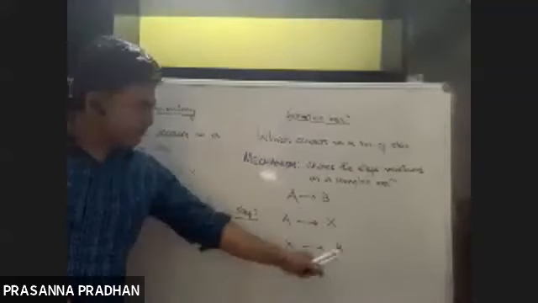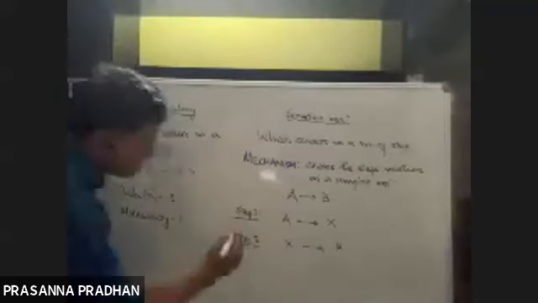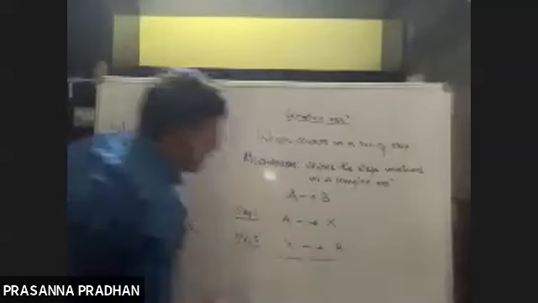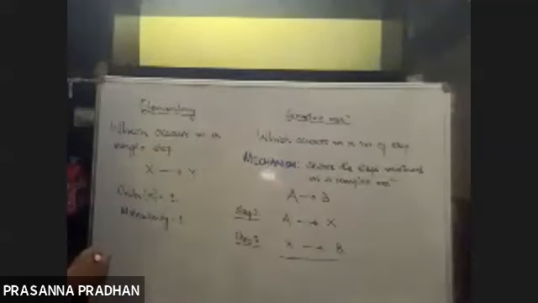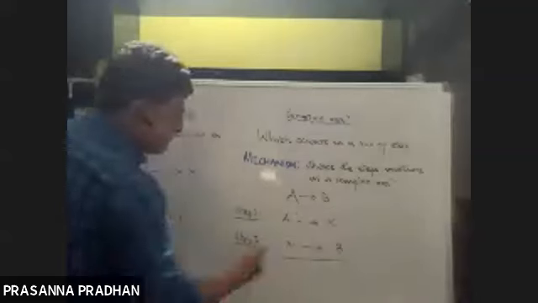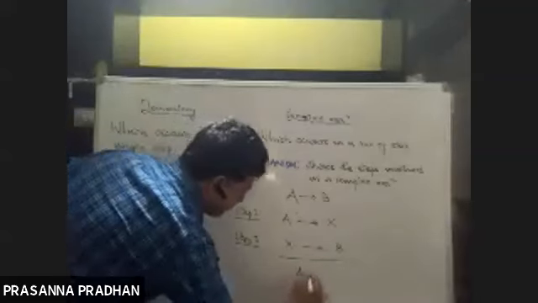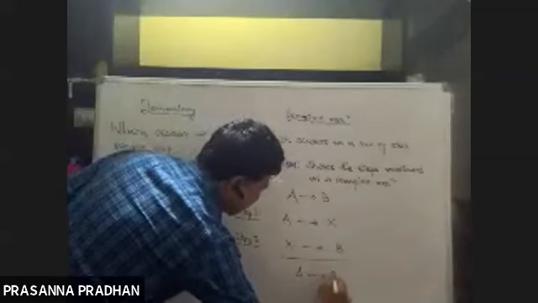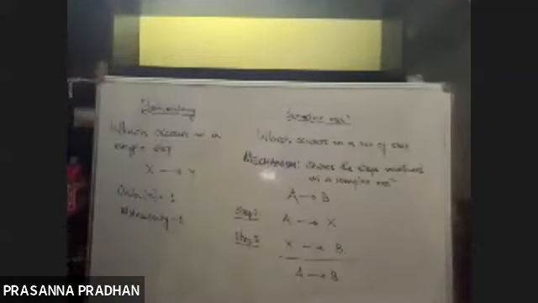A gives X and X gives ultimately the product B. Now if I add these two steps, X will get cancelled, so I'll get A arrow B.